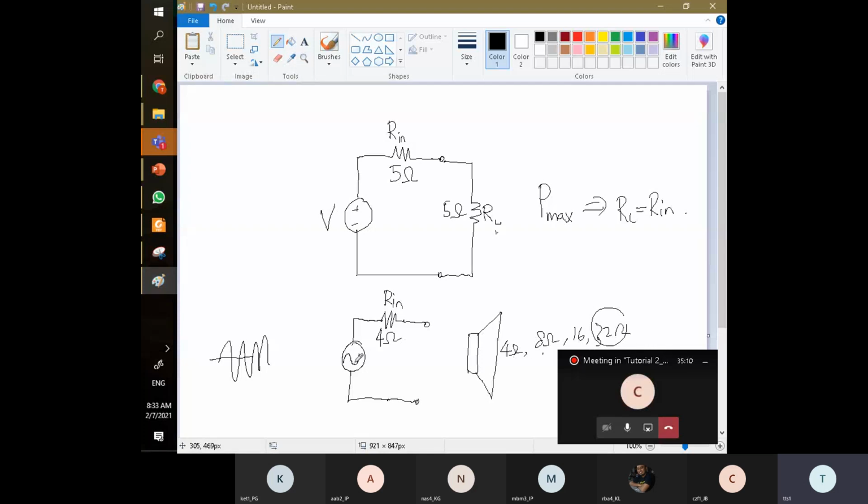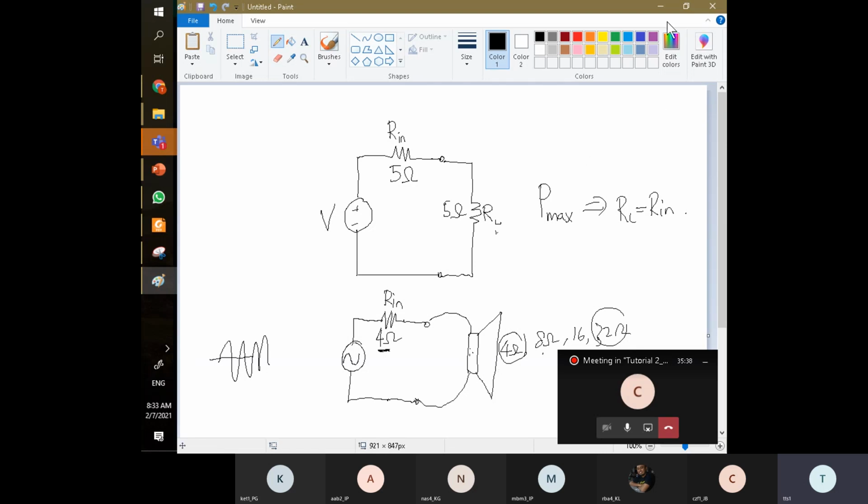So in order to achieve the maximum output from this amplified audio signal, if you know the internal resistance is 4 ohm, then you should choose a 4 ohm speaker attached to the output, so that you can hear the loudest output from the speaker.